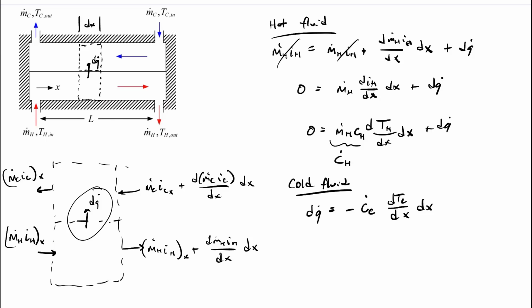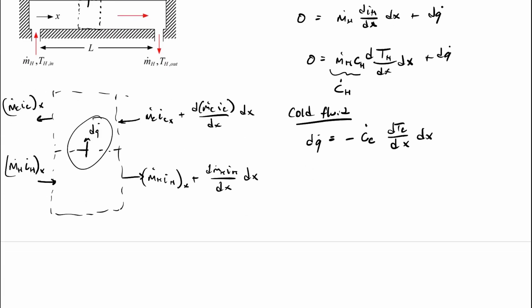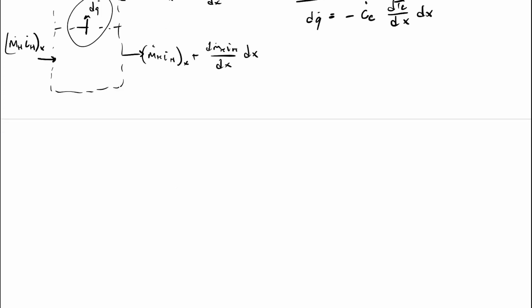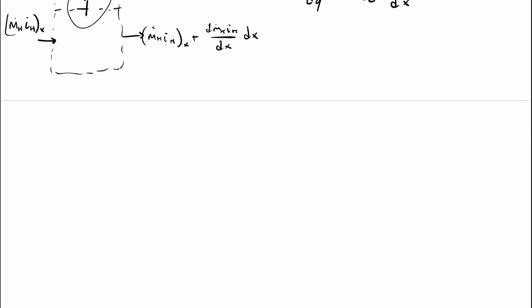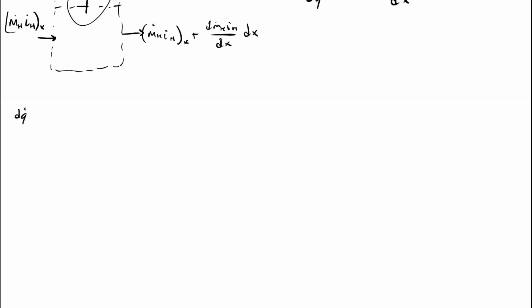So let's continue on and try to solve this now. Let's just rewrite our differential equations. We had dq dot equal to minus C dot h dT_h/dx dx, and dq dot equal to minus C dot c dT_c/dx dx. That's just what we did before.